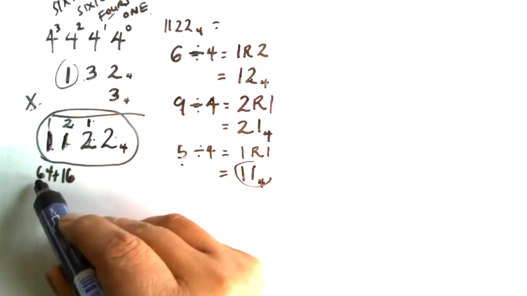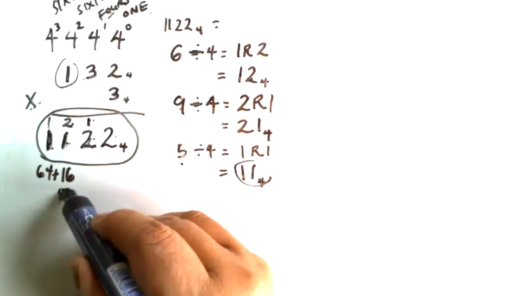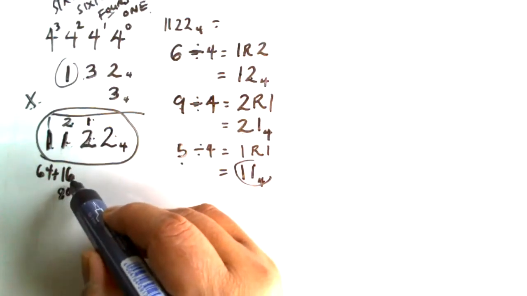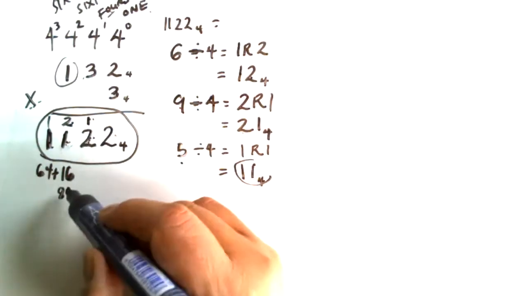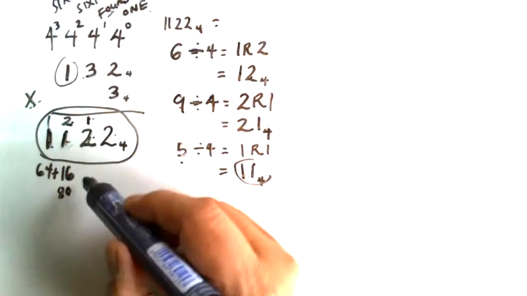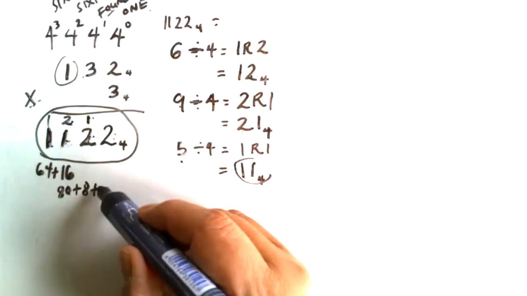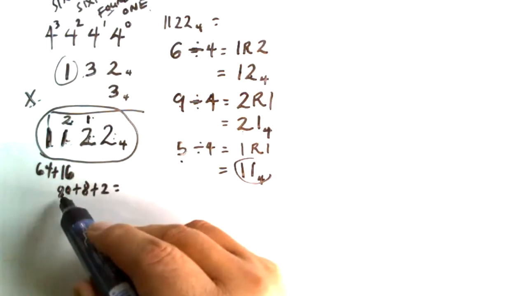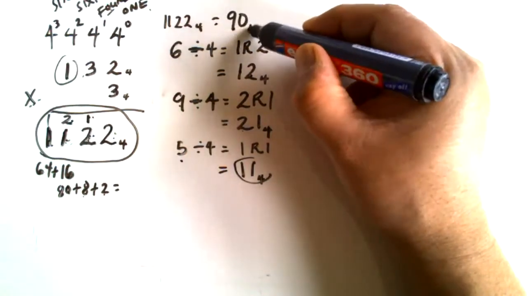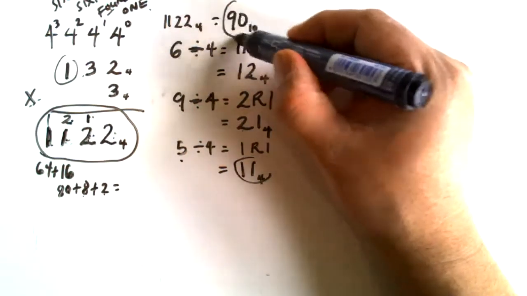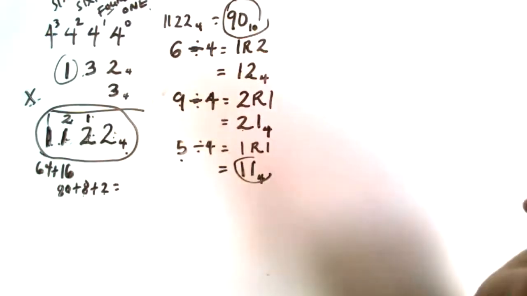That will be 80. Then 2 fours will be plus 8, and 2 ones will be 2. So this one would be 88, and with the 2 that is 90 in our current system. So 1122 in base 4 is equivalent to 90 in ours.